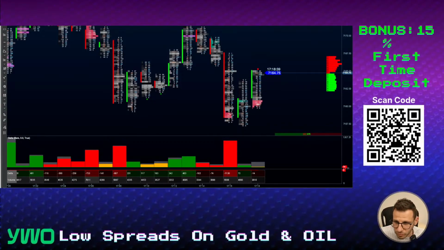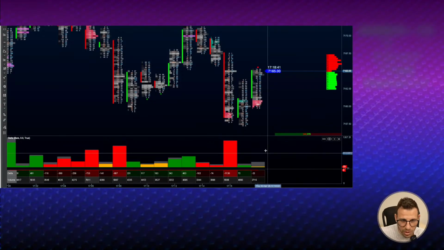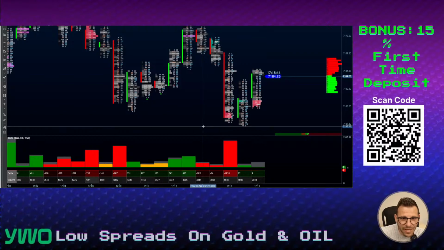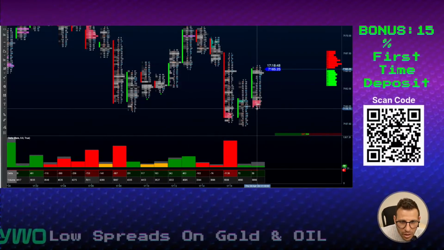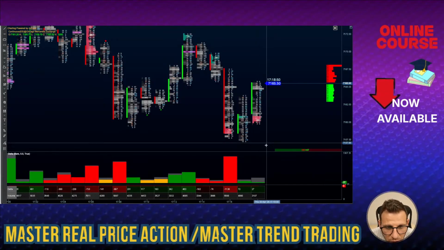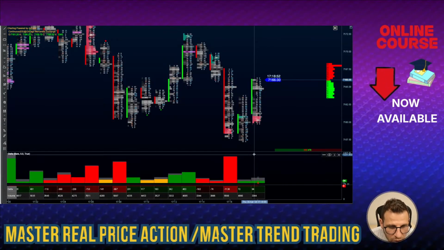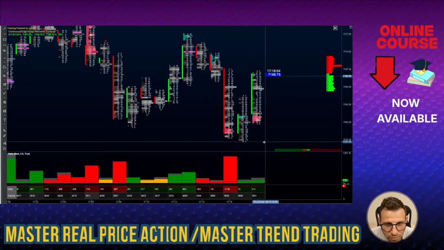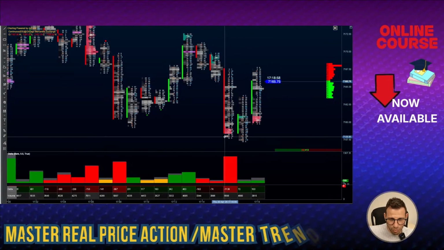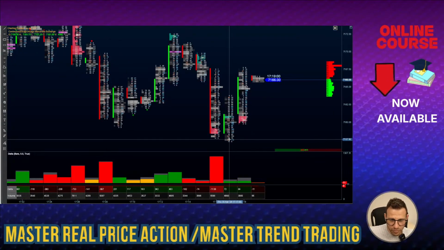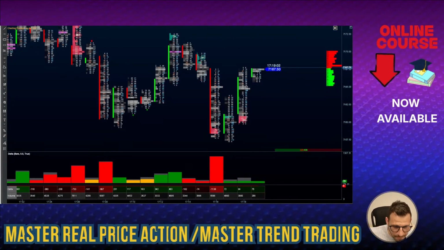Hit the stop loss. Okay, so it depends. You see, on the 5-minute chart, what is going on now? Yeah, this breakout right here wasn't the best one.